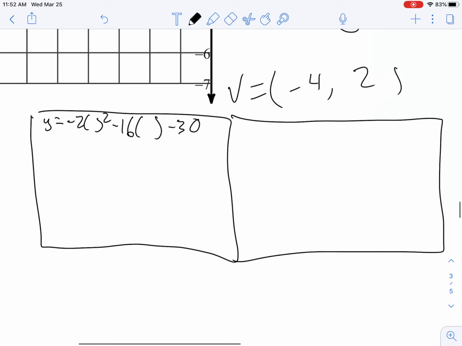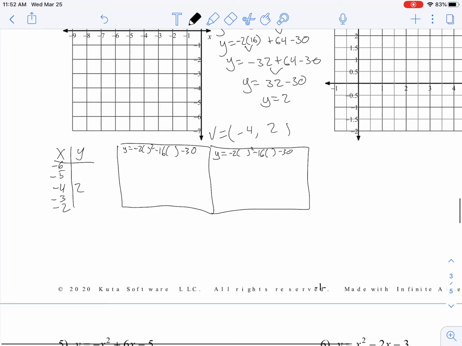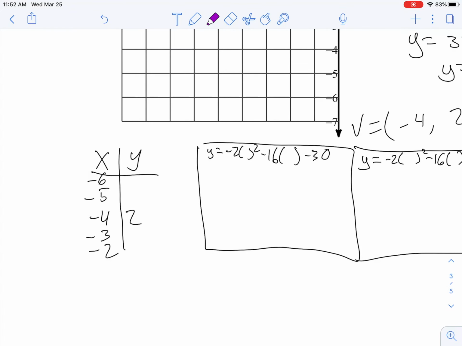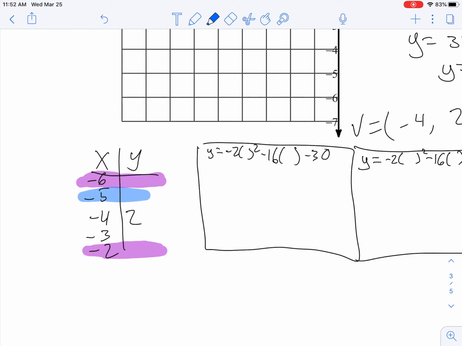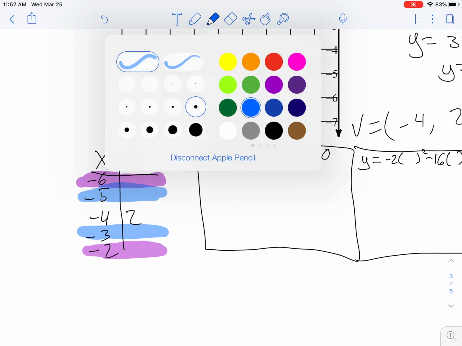And I'm doing the same thing over on this side. Okay. And again, whatever I get for, if I use a -6 or a -2, I get the same output. Whatever I use with a -5 or a -3, I'm going to get the same output.